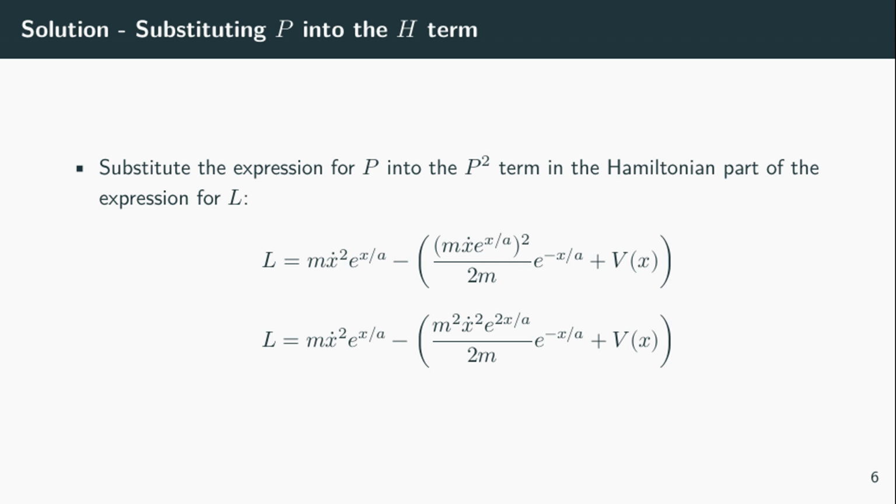Now let's square the term in the numerator. It becomes m squared times x dot squared times e to the power of 2x over a. So the expression becomes L equals m times x dot squared times e to the power of x over a, minus m squared times x dot squared times e to the power of 2x over a, divided by 2m times e to the power of minus x over a, plus V of x.